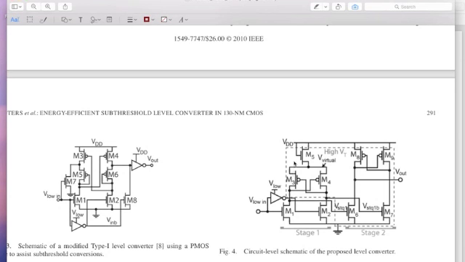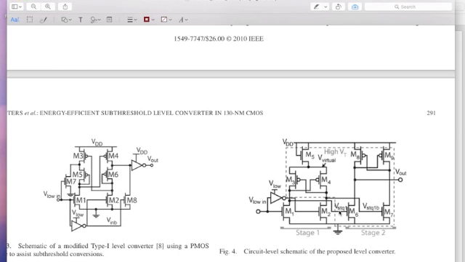And in addition, what they do is they weaken the PMOSs here, M3, M4 and M5, by using high threshold transistors. Typically in modern processes, you will have transistors with multiple different thresholds available for you. So as a circuit designer, you have to figure out, besides sizing, what threshold voltage you want to use for which transistor in your circuit. So here, for M1 and M2 they use low threshold.